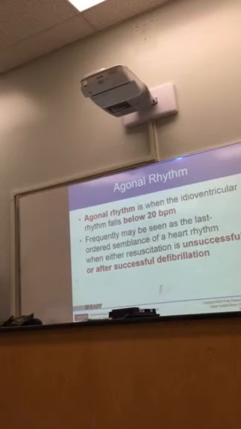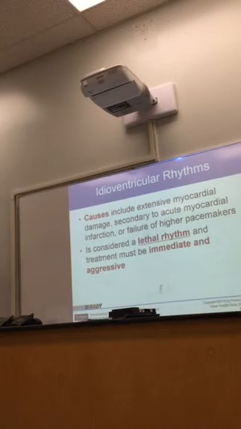If they're not actually in cardiac arrest, they're about 30 seconds from going into cardiac arrest. Frequently it may be seen as the last ordered semblance of a heart rhythm when either resuscitation is unsuccessful or after successful defibrillation.